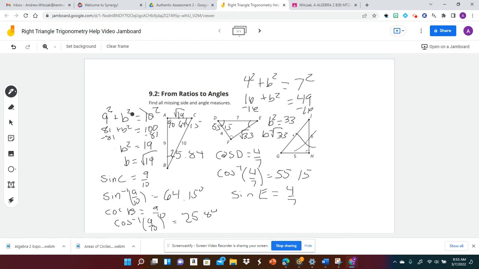So now to find E, we do the inverse sine of 4 over 7. And that gives me 34.85.